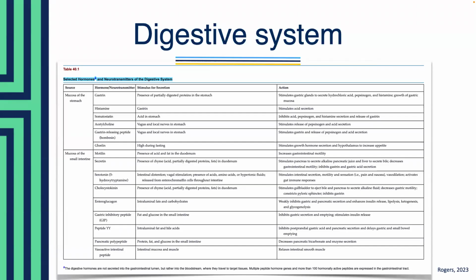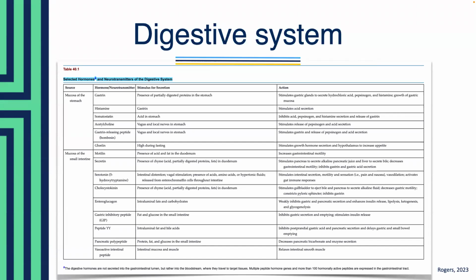Breaking down the information a little as an example, we're going to look at gastrin. Gastrin's source is the mucosa of the stomach, and the stimulus for secretion is the presence of partially digested proteins in the stomach. The action stimulates the gastric glands to secrete hydrochloric acid, pepsinogen, and even histamine, and promotes the growth of the gastric mucosa.